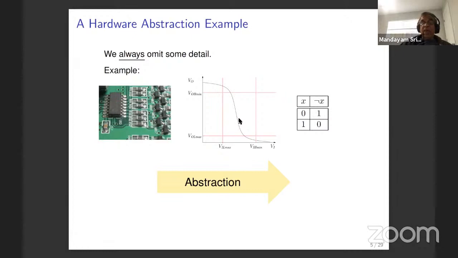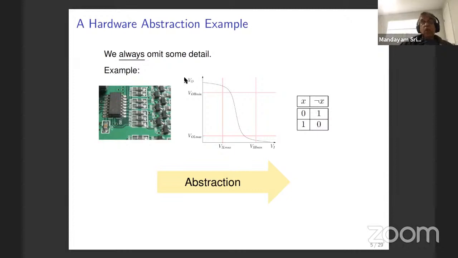You throw away the information about the actual current and voltage values, as you know that if the voltage at a particular output, which is this chip here that I'm talking about, is above a certain value, then it is considered logic one. And if it is below a certain value, it will be considered logic level 0.